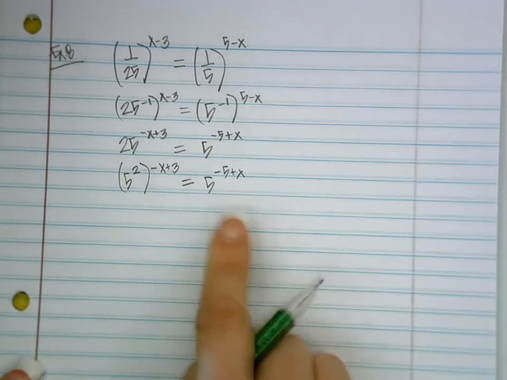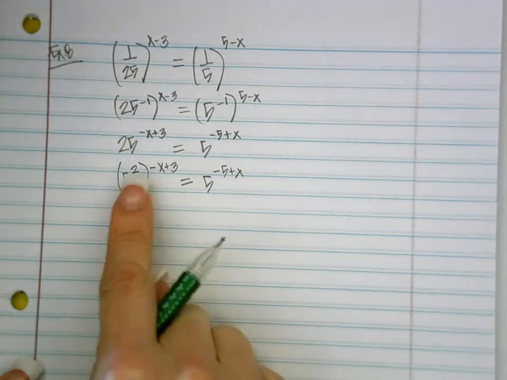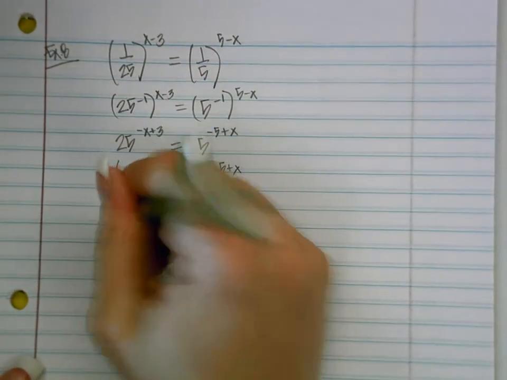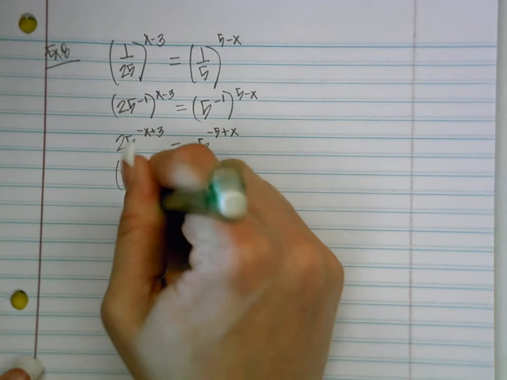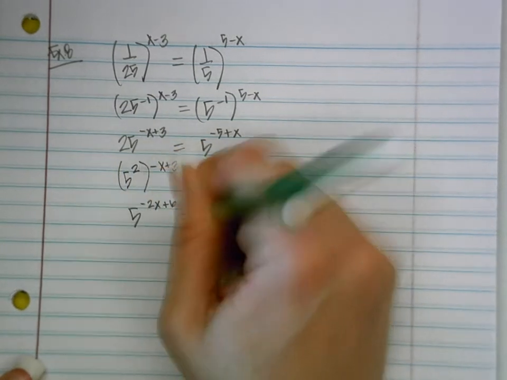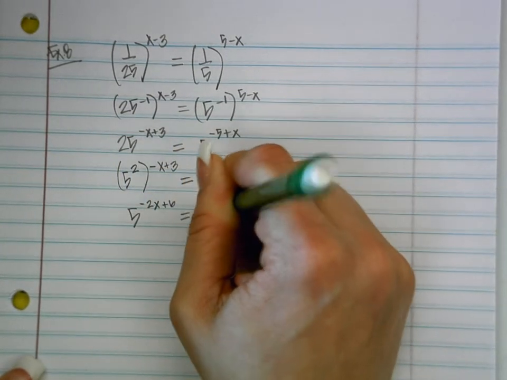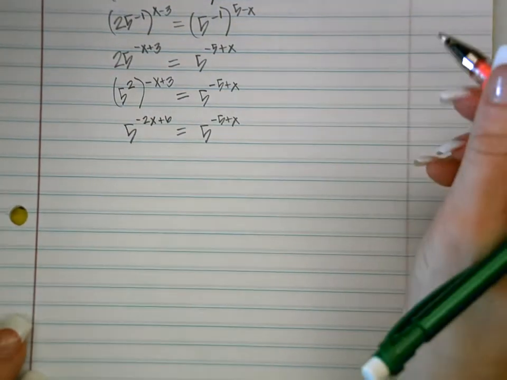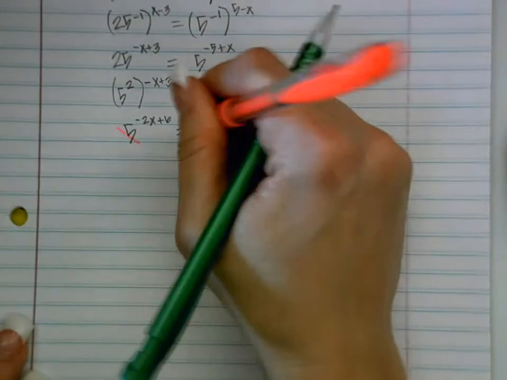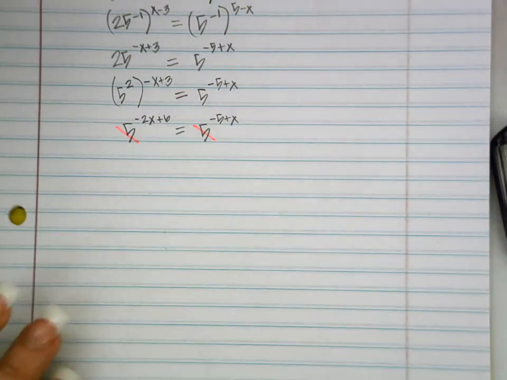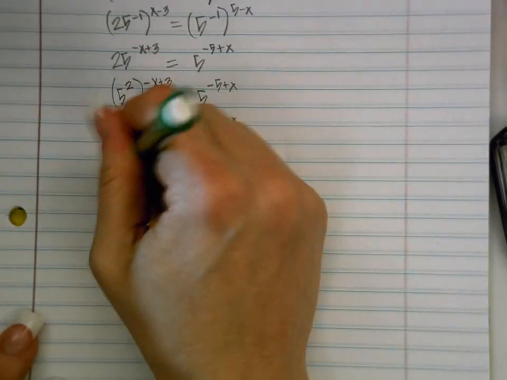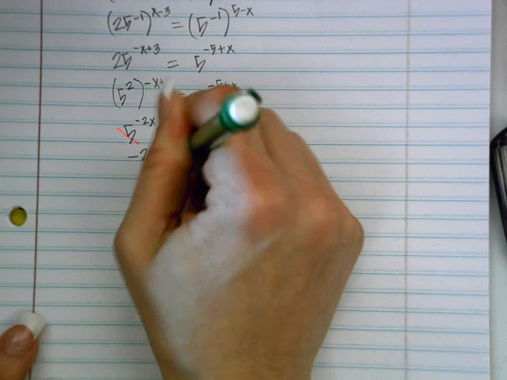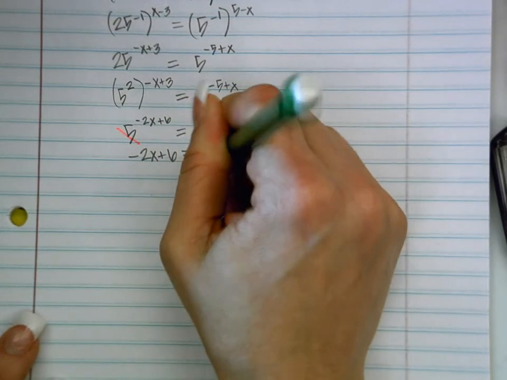This one can stay just like that. This one you do have to multiply, so 5 to the negative 2x plus 6 equals 5 to the negative 5 plus x. Now that we have exactly the same base, you can drop the bases. Gives you negative 2x plus 6 equals negative 5 plus x.